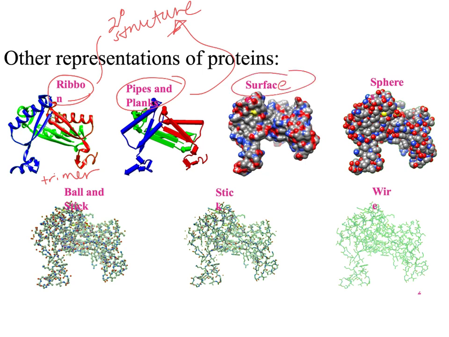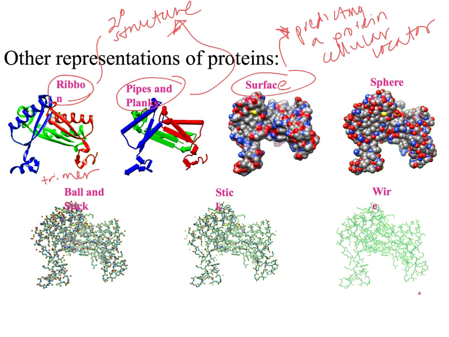Surface here is my absolute favorite one. This is the best view, I think, for determining or predicting a protein's cellular location. So what you're seeing is CPK coloring, where the nitrogens are blue, oxygens are red.